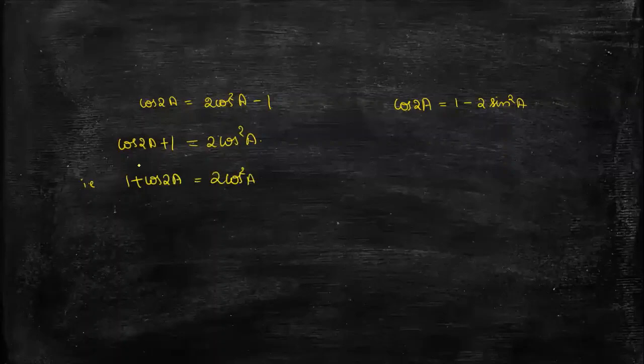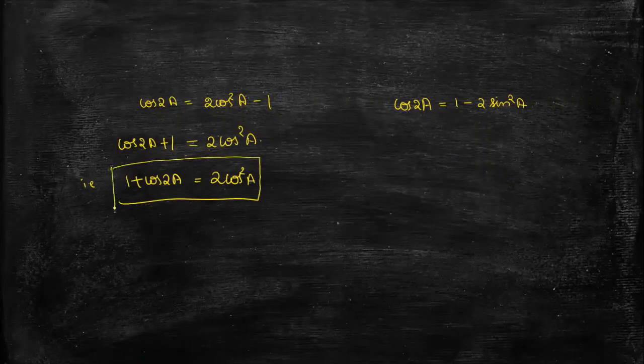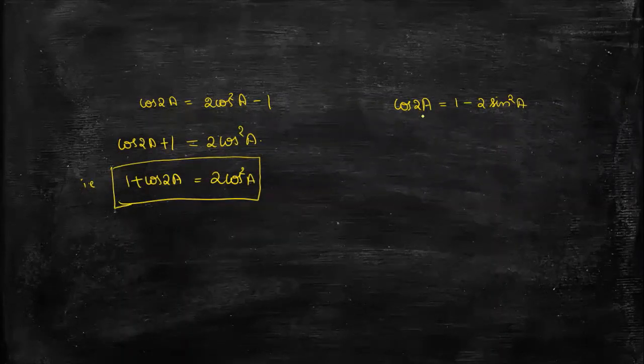This is also a commonly used expression which you need to remember. This is mostly used, so you must remember: 1 plus cos 2A is 2 cos square A. Same way here, if I rearrange this, I bring minus 2 sin square A to this side as plus 2 sin square A, is equal to 1 minus cos 2A, shifting cos 2A to this side.